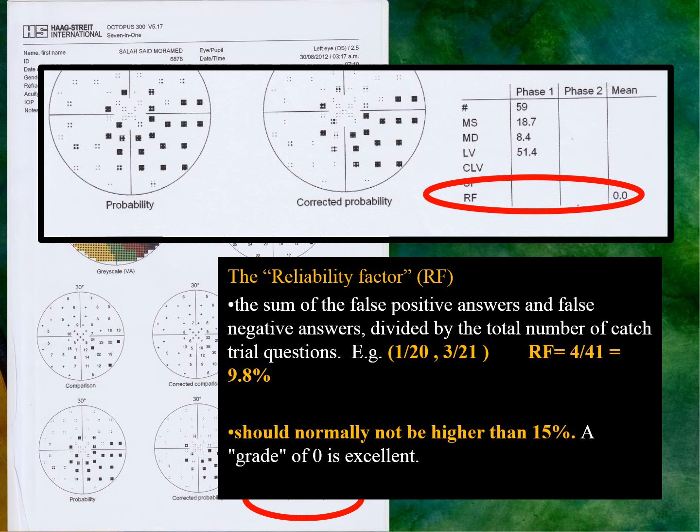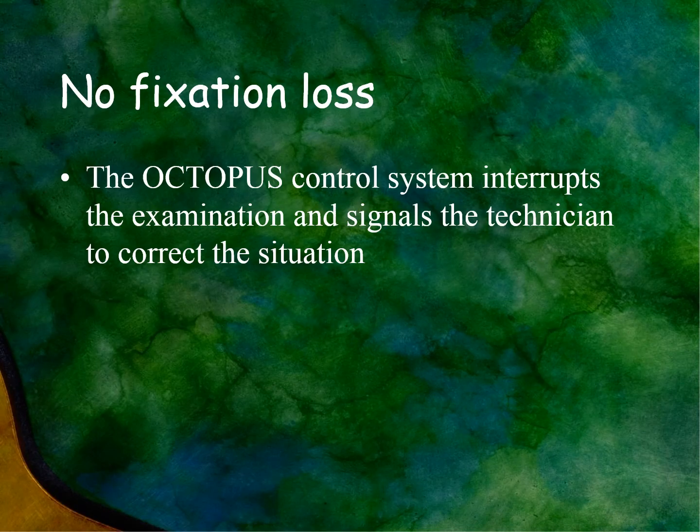So if we add them together, it will be 4 divided by 41, which equals 9.8%. We should accept whenever the value is 15% or less, but if it's higher than 15%, we don't accept it. And a result of 0 is the perfect one.